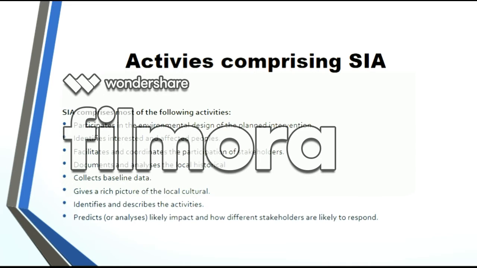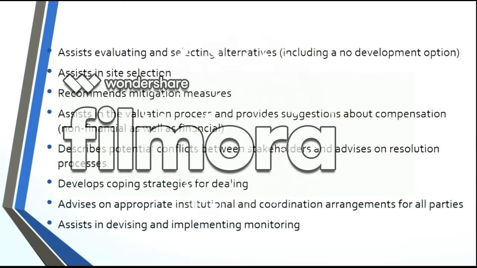Identify and describe the activities which are likely to cause impact, in brackets, scoping. Project, in brackets, or analyze likely impacts and how different stakeholders are likely to respond. Assess, evaluating and selecting alternatives, in brackets including a no development option.